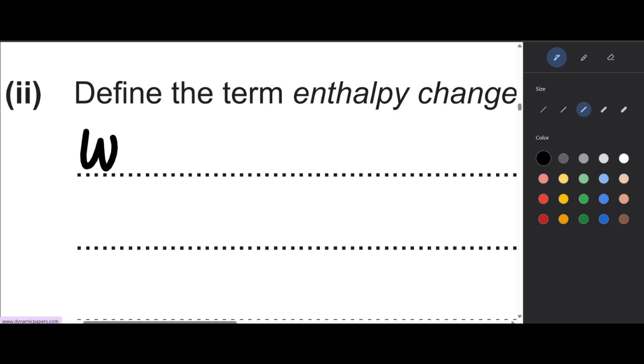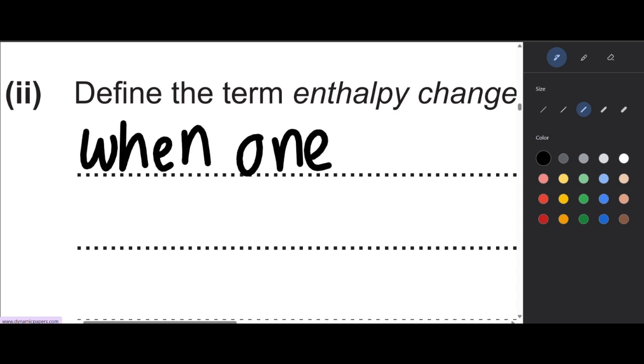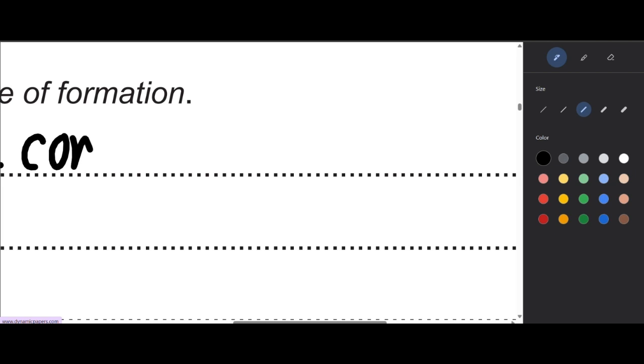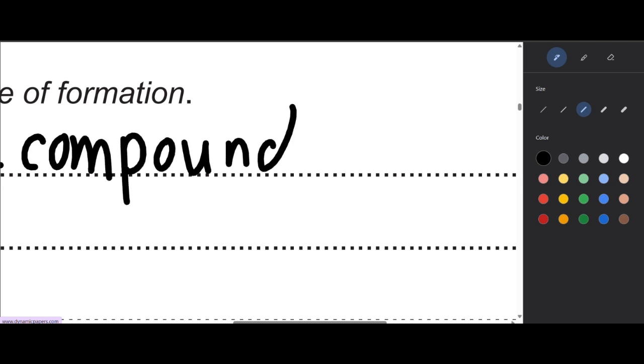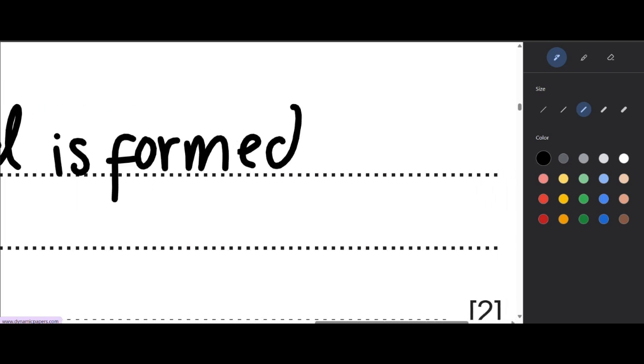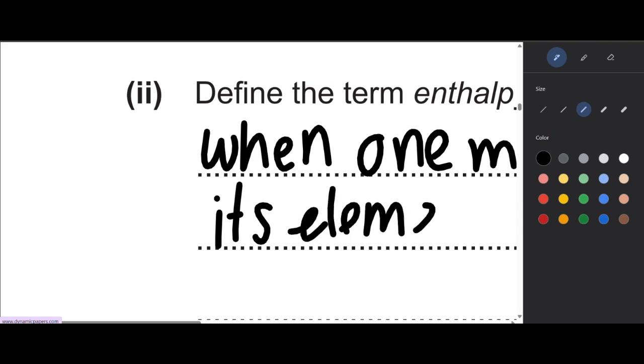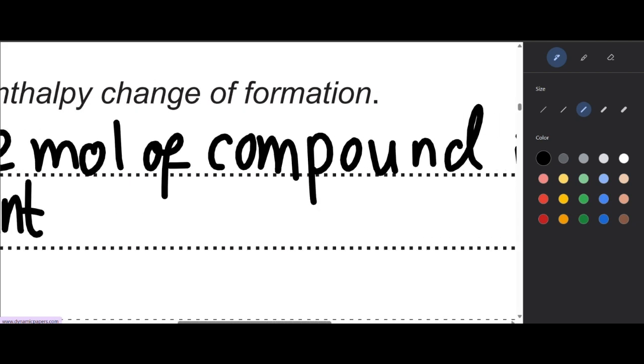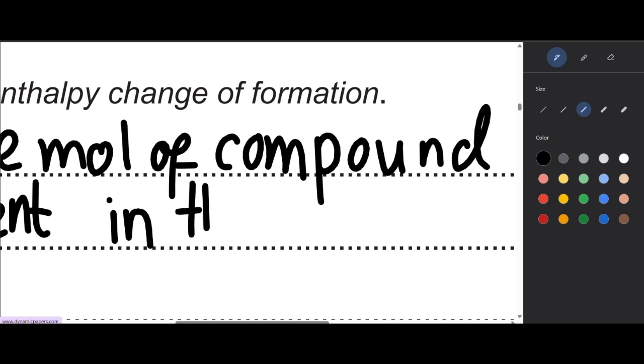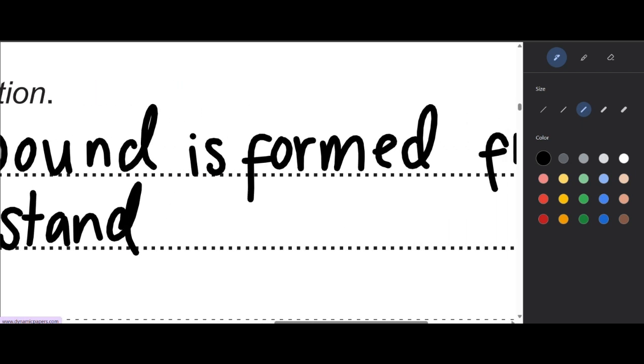Enthalpy change of formation is when one mole of compound is formed from its elements in their standard state.